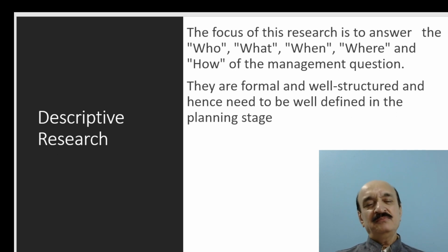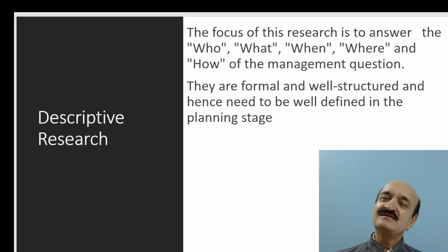A commercial example, a company wants to launch a new product, and before launching it, they want to find out the potential of this product. So they conduct a potential study, market potential study. So, what is this study going to answer? Who will be our likely customers? What will be the expectations of these customers?